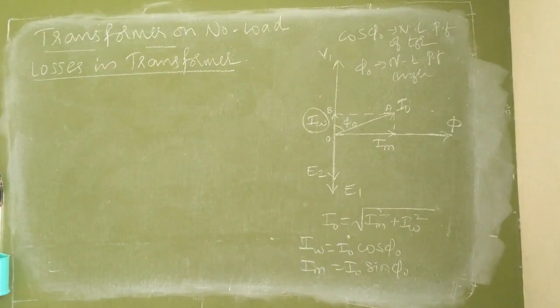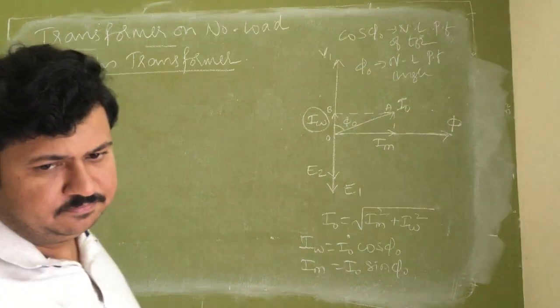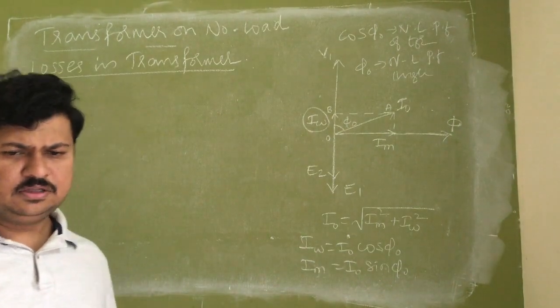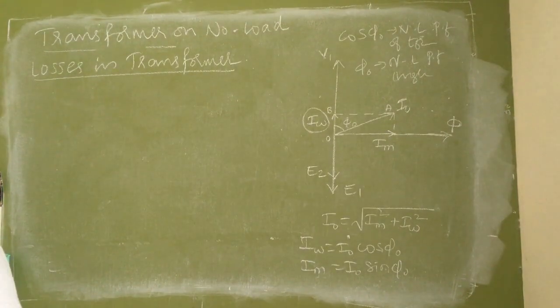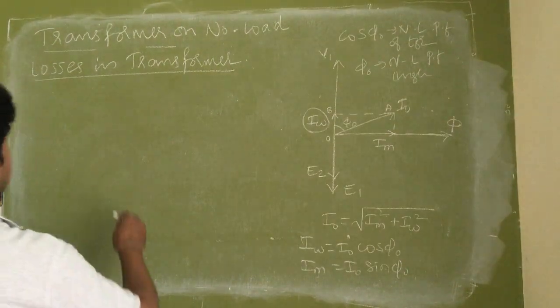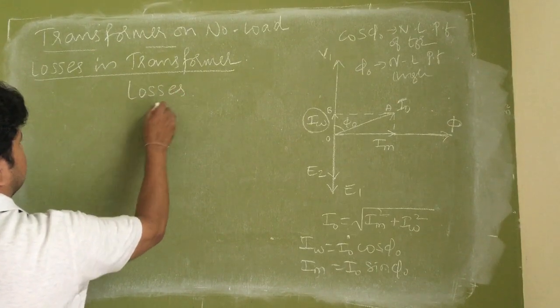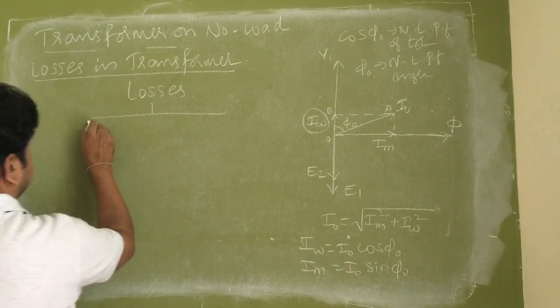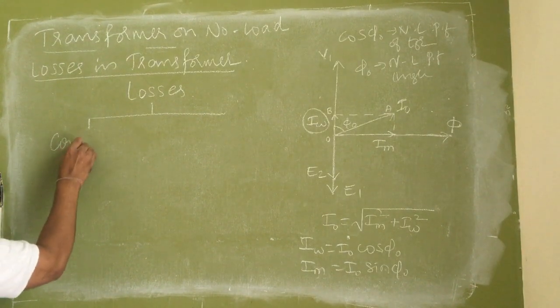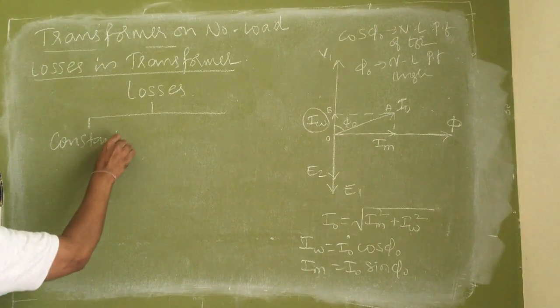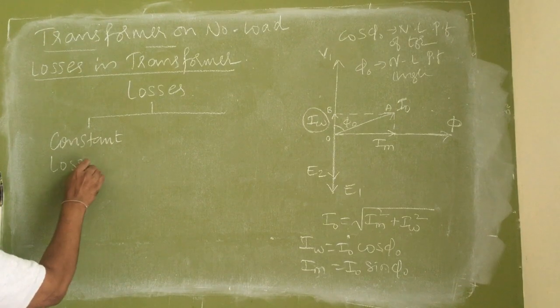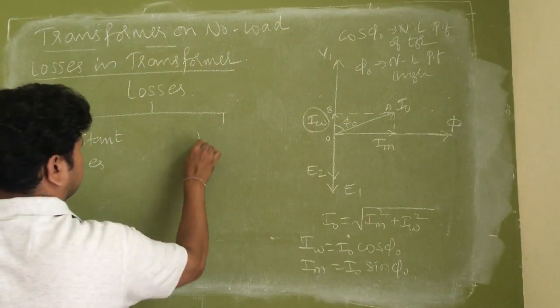Okay. So next is losses in the transformer. In any electrical machine there will be two types of losses. Okay, a very general categorization of the losses is two types: constant losses and variable losses.